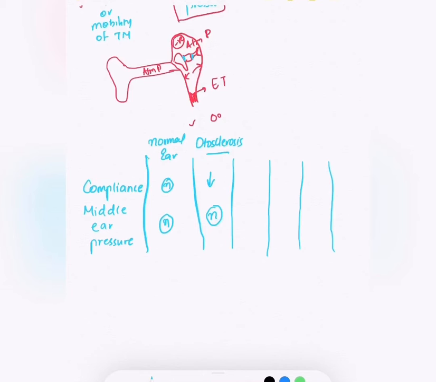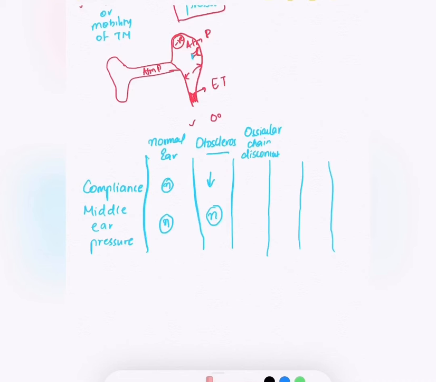The third condition that we are going to see here is ossicular chain discontinuity. Okay, so suppose that this is continuous, right? But suppose the continuity breaks.